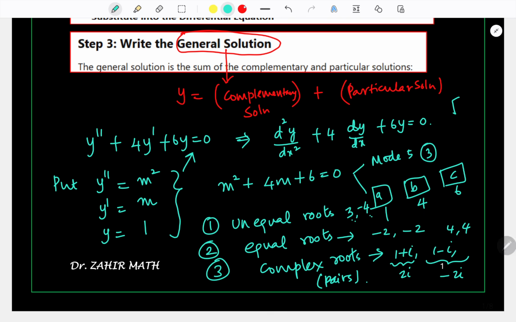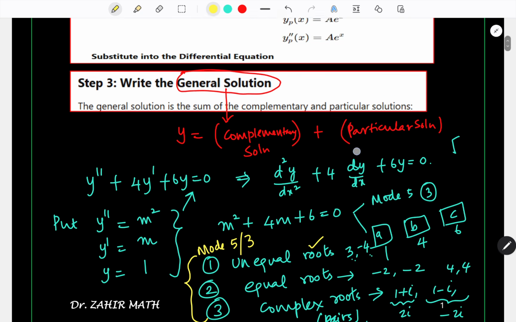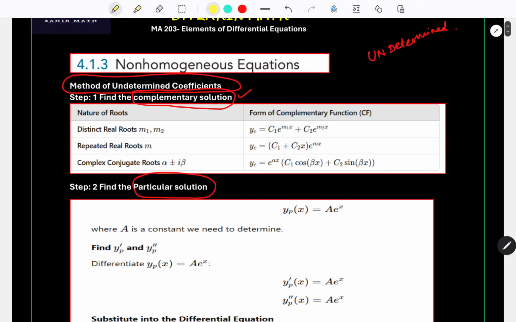So these are the three situations we will get when we go to the calculator mode 5, 3. If unequal roots come, you need to remember one formula, which is y equals c1 e power m1x plus c2 e power m2x. This is for unequal roots in the calculator.